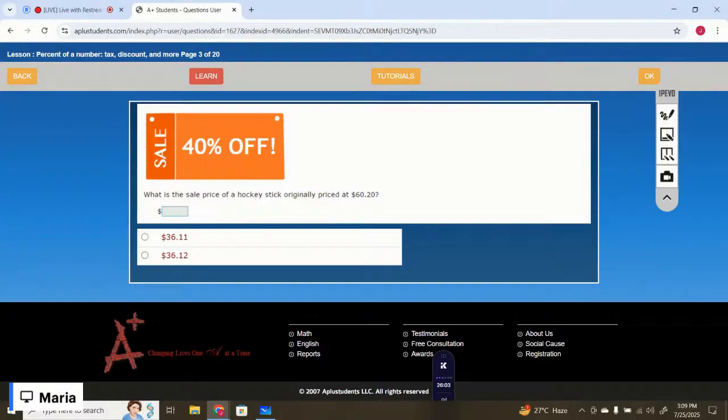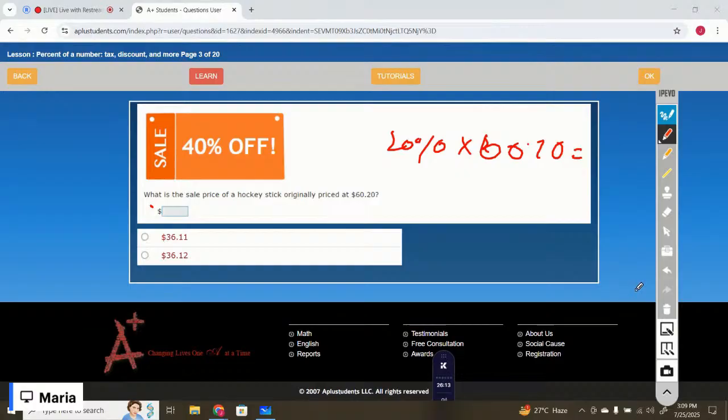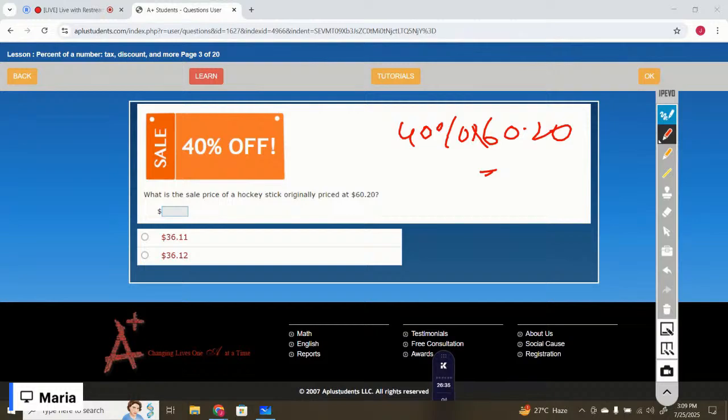What is the sale price of a hockey stick originally priced at $60.20? Let's just calculate 40% off 60.20, right? That is 24.08. You need to find the sale price now.